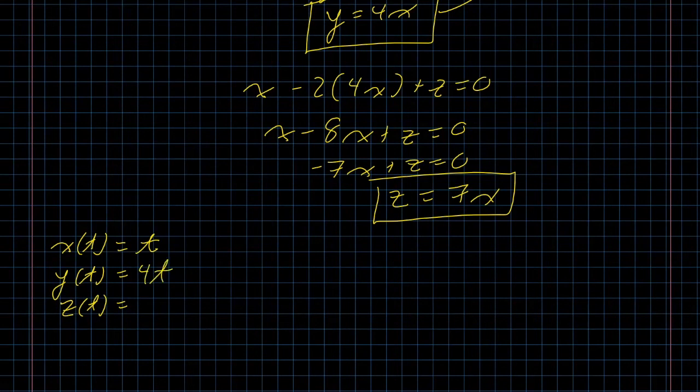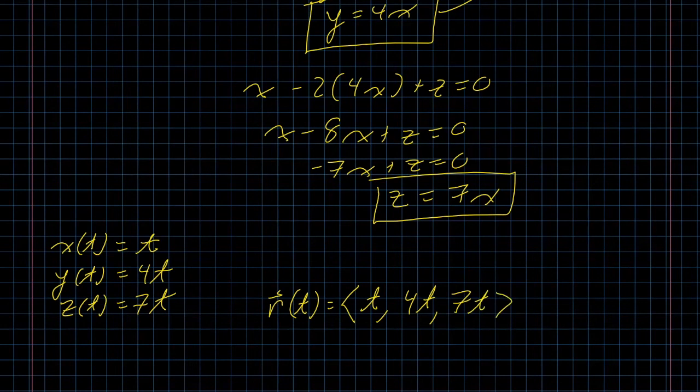And likewise, z is equal to 7t. That should give us the system that we're after here. So I get my vector valued function that I usually use to write parametric systems. r of t has components t, 4t, and 7t.